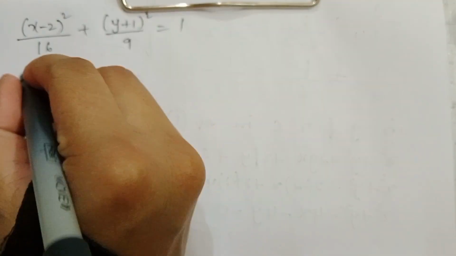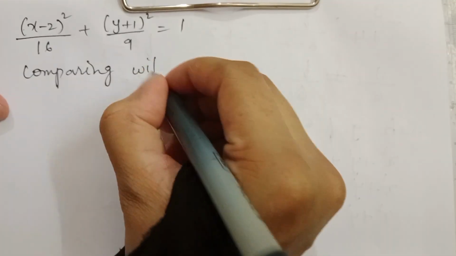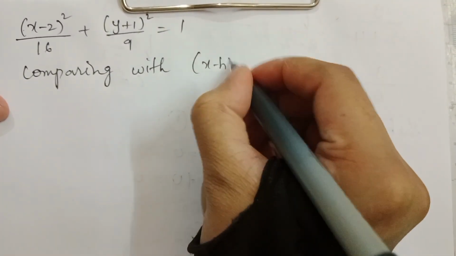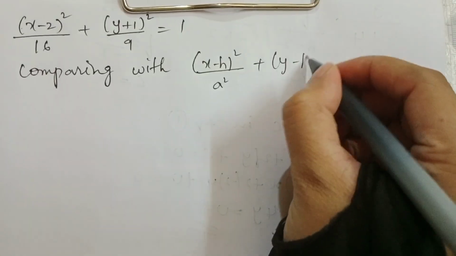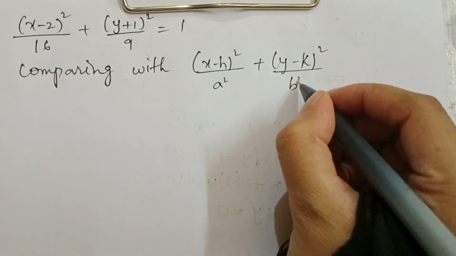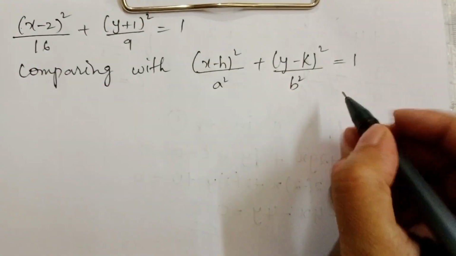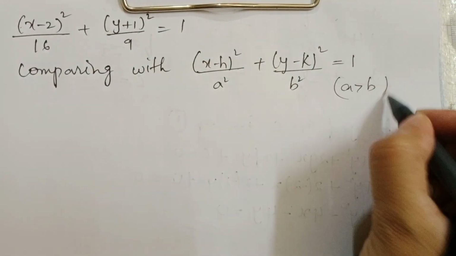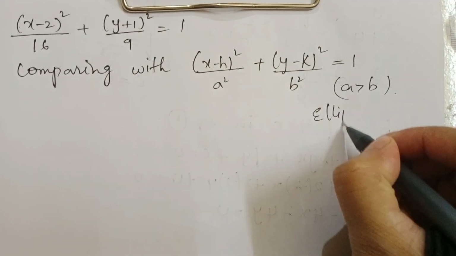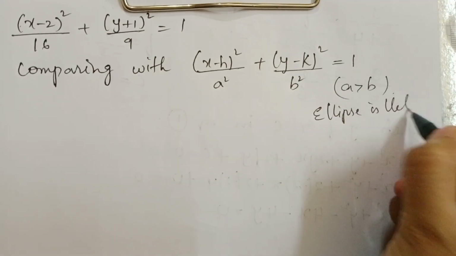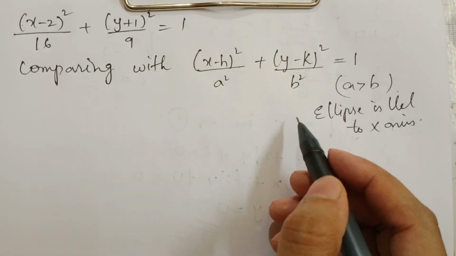So this can be compared with the standard form, x minus h whole square by a square plus y minus k whole square by b square equals 1. In this case, the value of a is greater than b, so the ellipse is parallel to the x-axis. We got a horizontal ellipse.